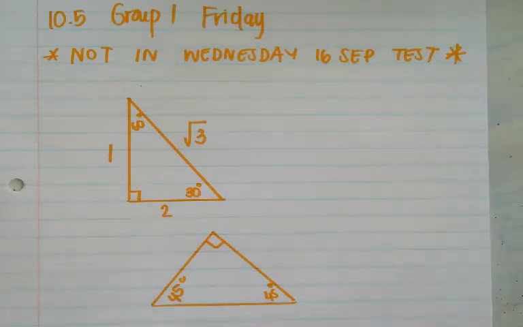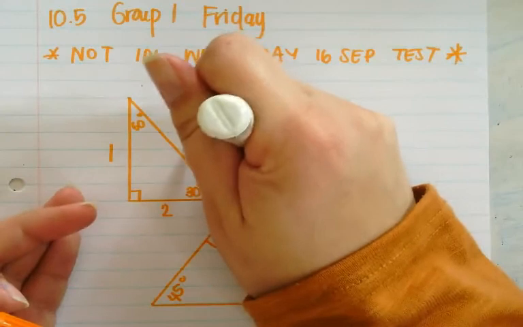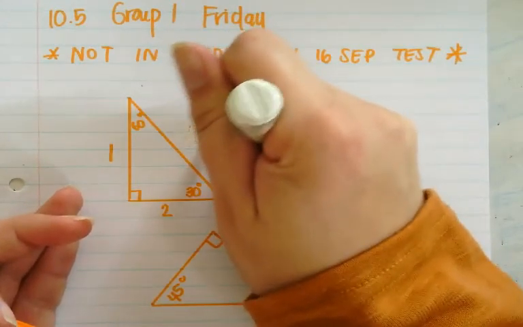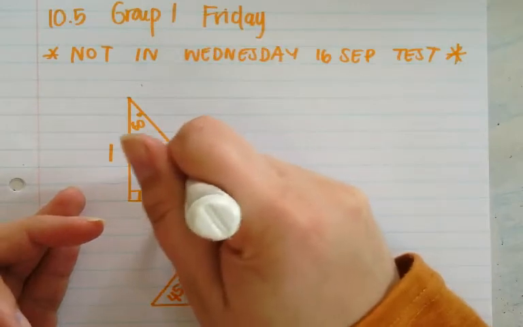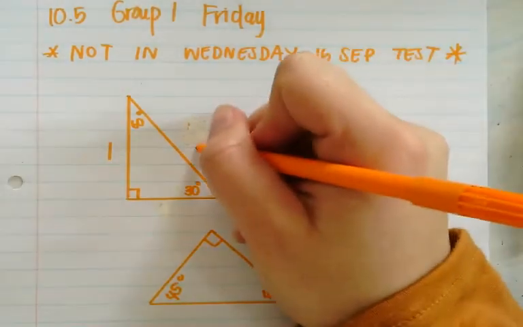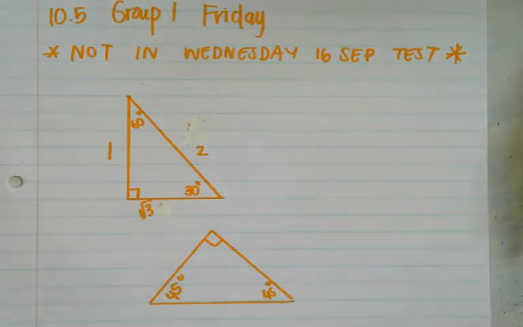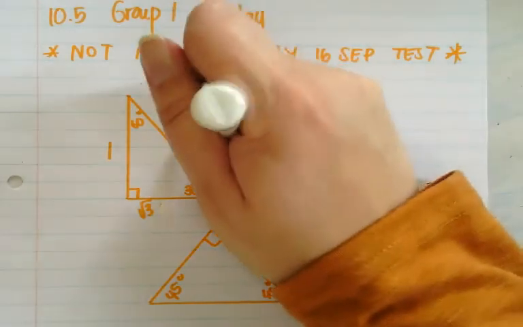Yes, I swapped them around. Don't copy that. So it's supposed to be 2 on the hypotenuse, square root 3 on the adjacent. Sorry, it's been a while since I've done it this way.